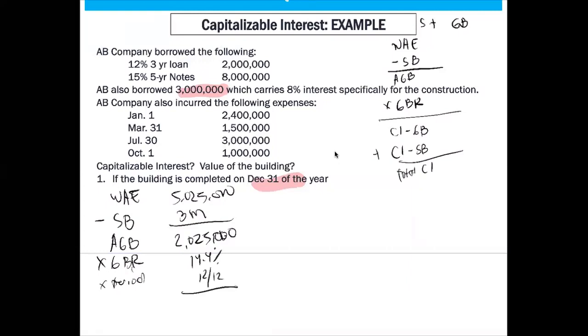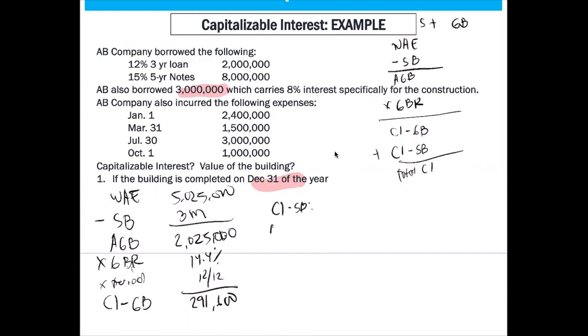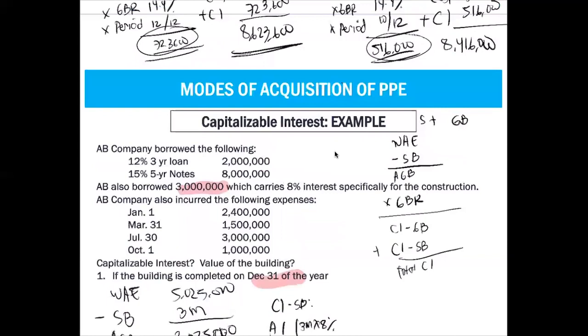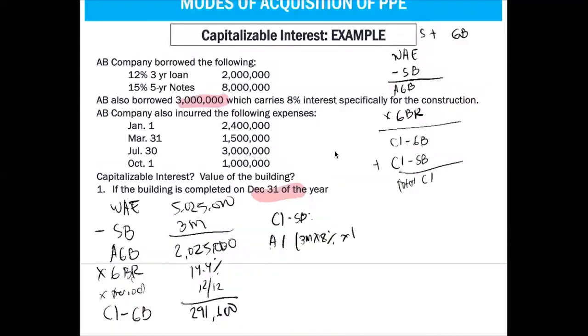So how much is the capitalizable interest general borrowing? 2,025,000 times 14.4%, 291,600. And then for the specific borrowing, so capitalizable interest specific borrowing, so actual interest, we have your 3 million times 8%. Since this is December 31, you multiply it to 12 over 12.